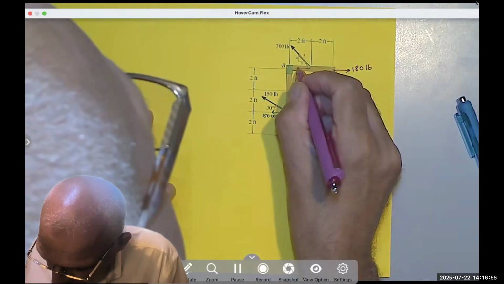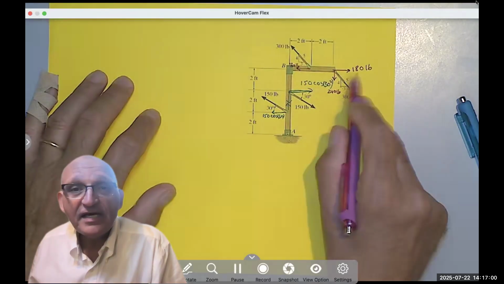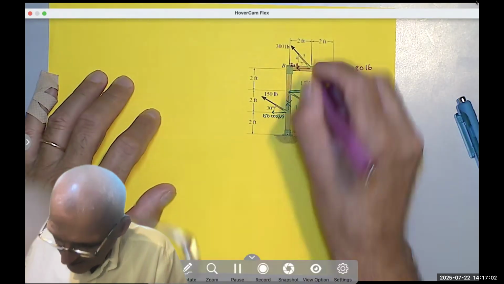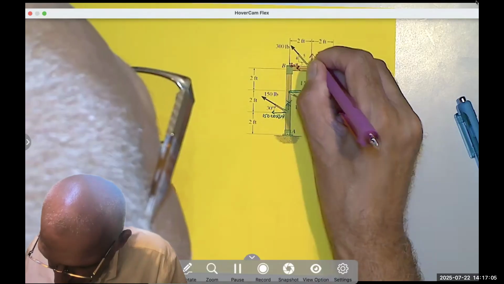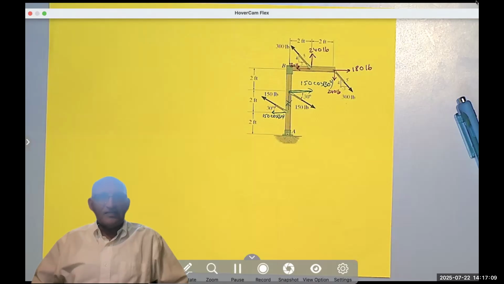Likewise, I have 180 going to the left, canceling the 180 going to the right, and then 240 pounds going up. And now the problem becomes so easy.